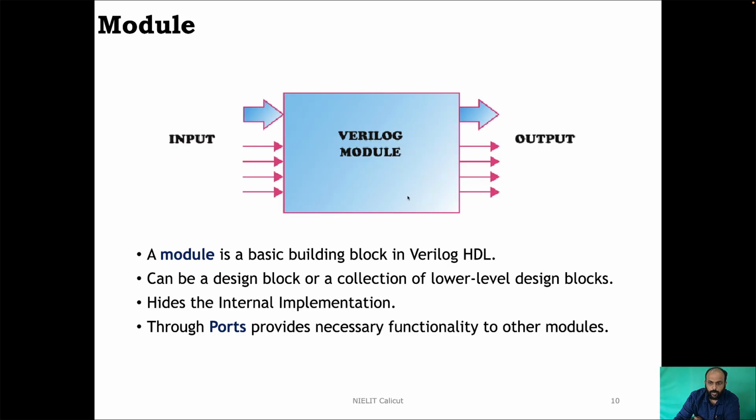The Verilog module or description works like a black box. It hides the internal implementation from the rest of the design, or the outside world. A piece of hardware described in Verilog interacts with the rest of the world through something called ports, which are these input, output, and in-out connections.